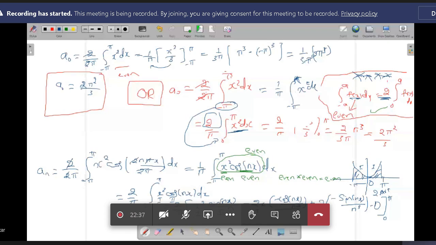So this will be a first function in the next one, and you have to do integration of the whole thing, which we call the second function. So that will be minus cos nx by n cube. So this whole term is now considered as a second function.